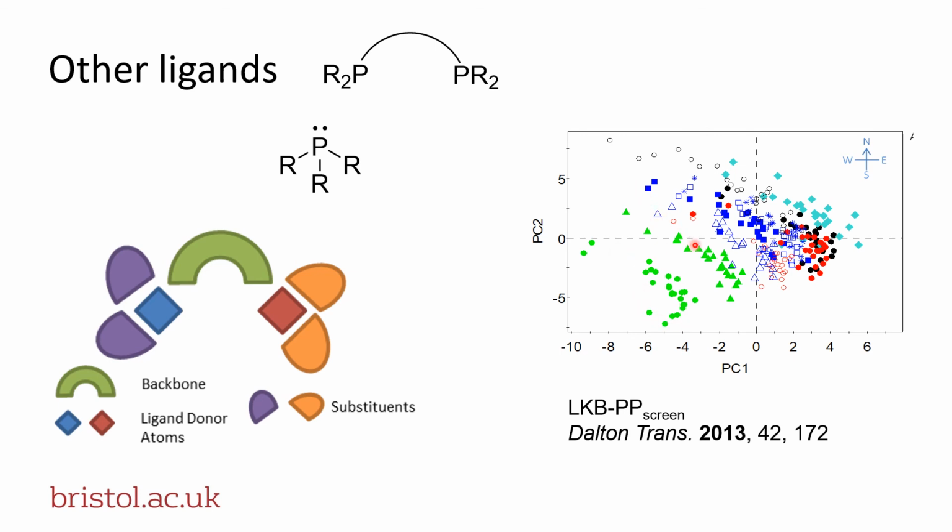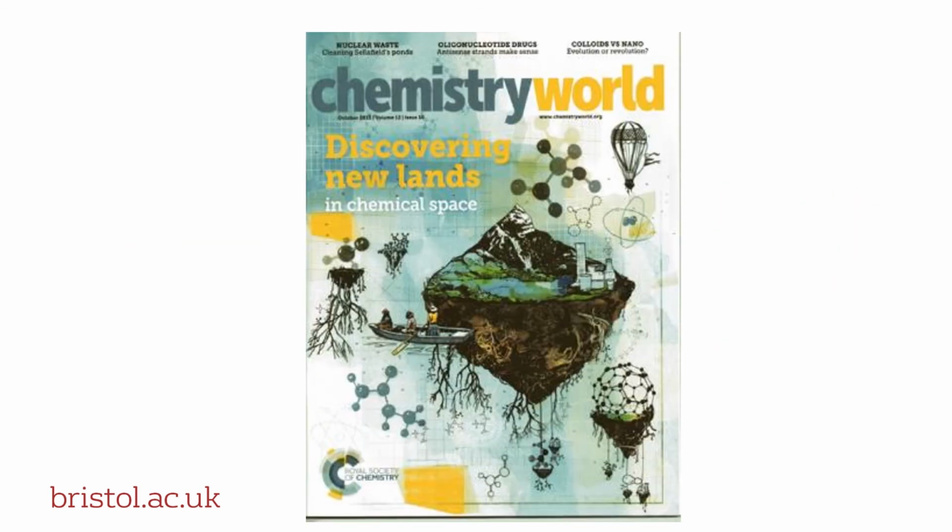And here they're color coded by substituents, and you can again see that they arrange themselves in stripes, with the spots that are close to each other relating to ligands that are much more similar, and those that are further apart being very different from each other.